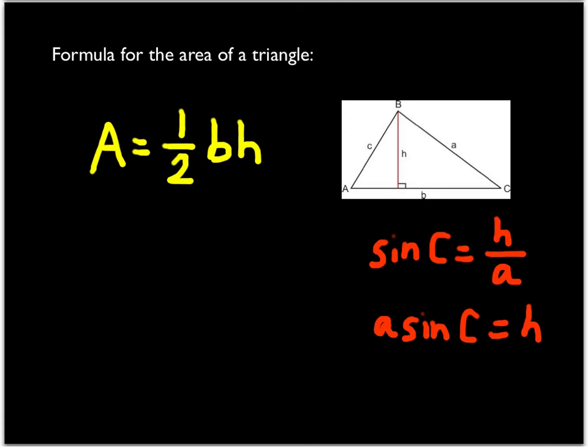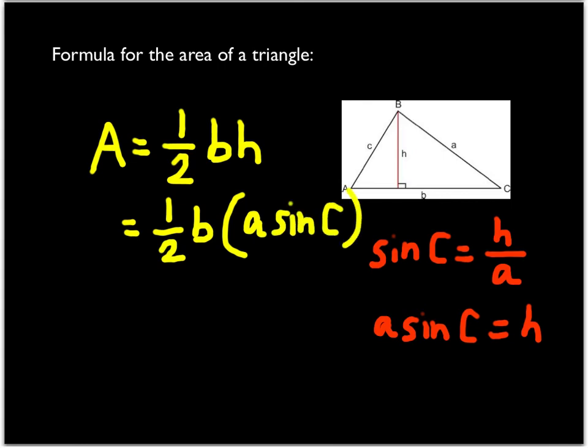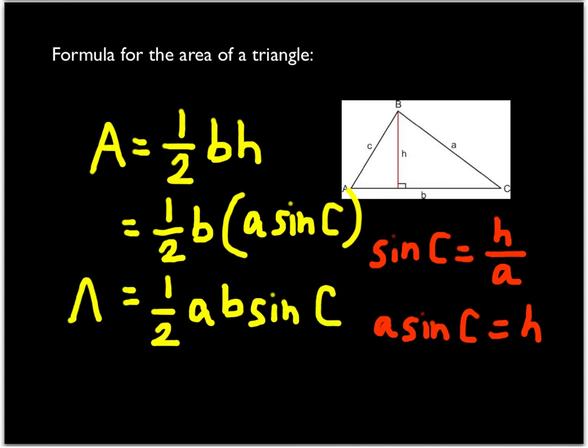So then it's essentially going to look like the area equaling 1/2 base, but instead of h I'm going to put in a sine C. And I'm just going to rewrite this a little bit so it looks prettier. 1/2 ab sine C. That's going to be my new formula for the area of a triangle.